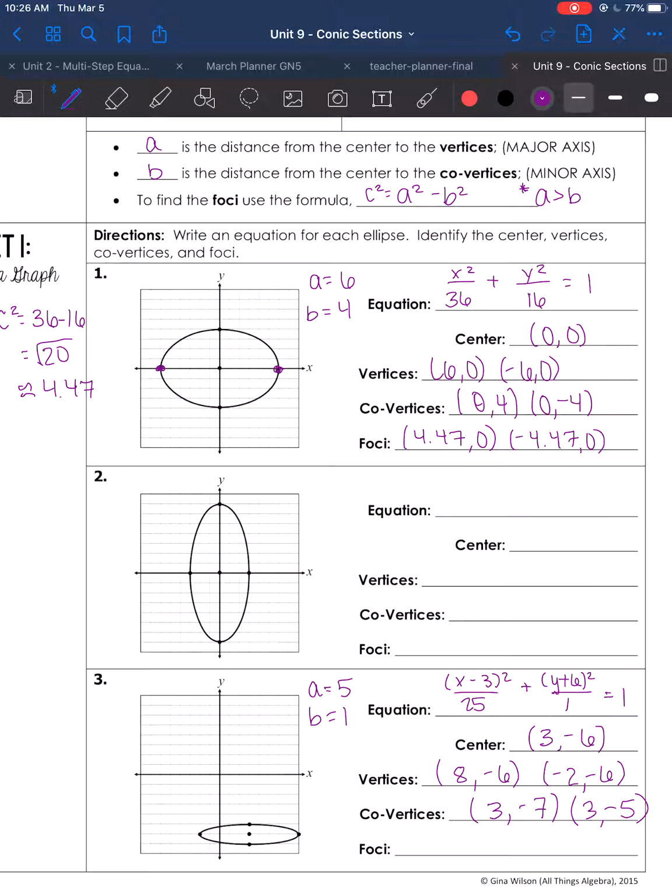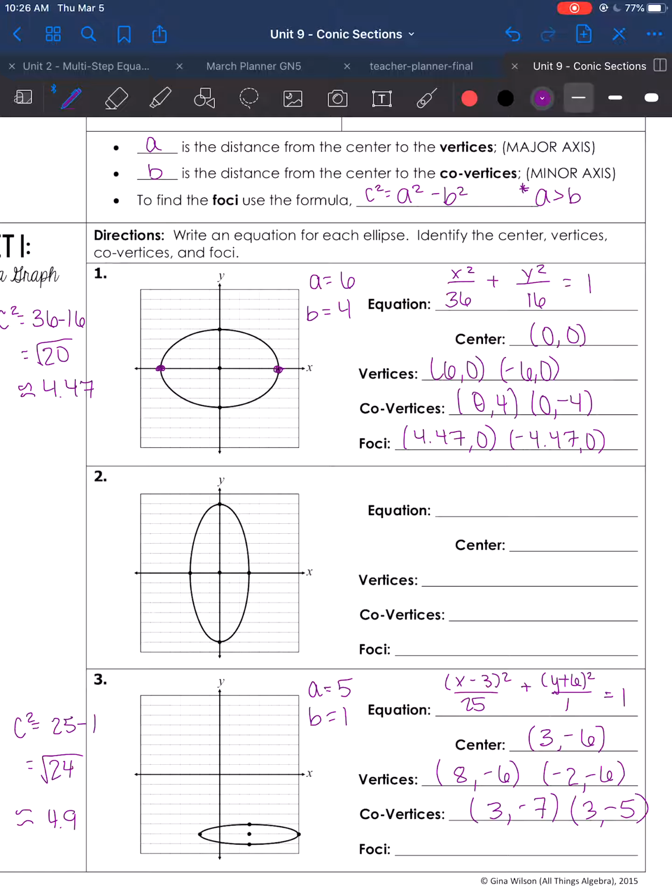And then we need to find c, your foci. So 25 minus 1 gives me 24. The square root of 24 is approximately 4.9.